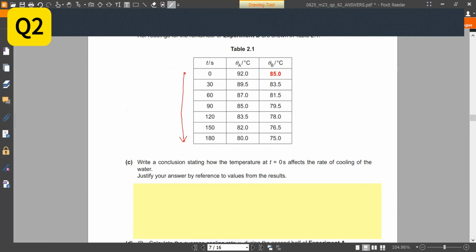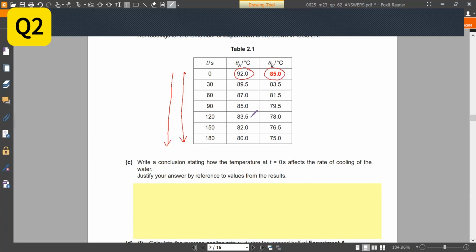So first thing we can see, for both experiments, as time goes on, the temperature decreases. So how about if we compare experiment A to experiment B? What is the main difference? The main difference is the initial temperature.